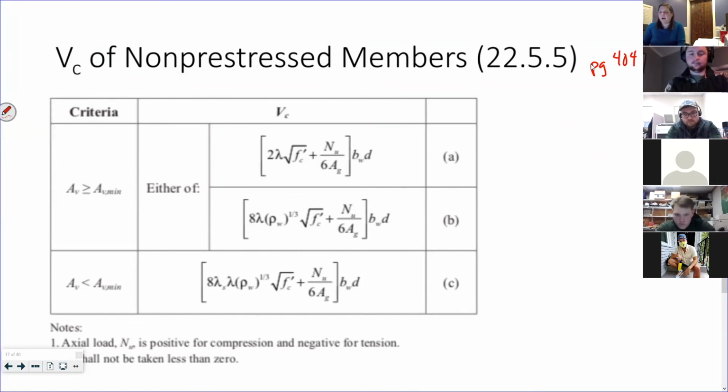So if this is all based on the criteria of whether I meet my minimum shear reinforcement requirement, Av min is your minimum shear reinforcement requirement.